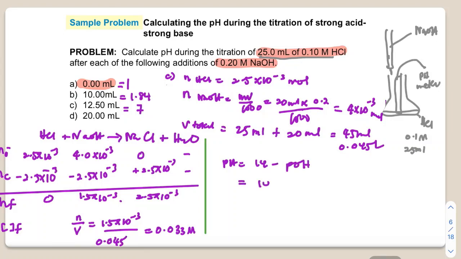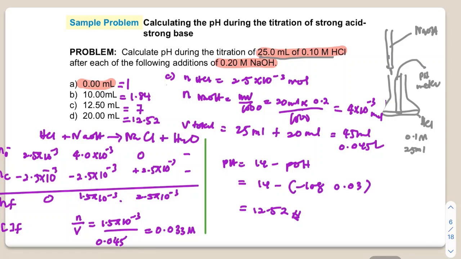So it is equal to 14 minus negative log of the concentration of the hydroxide ion, which is the same as the concentration of the sodium hydroxide, 0.033. So we get the answer, 12.52.